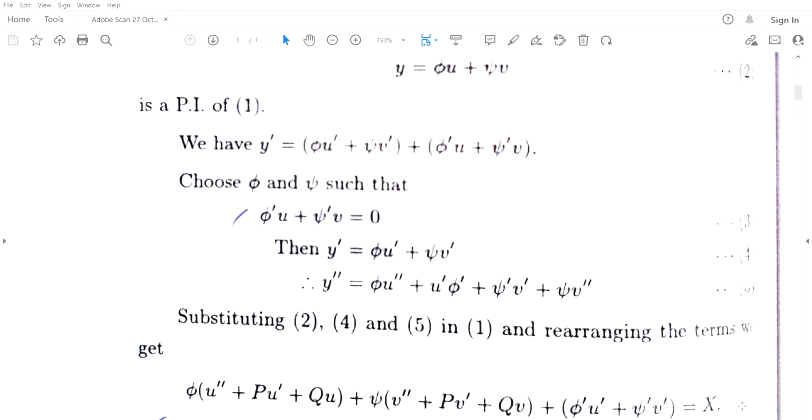If equation 3 is the condition on phi and psi, then y dash must be equal to phi u dash plus psi v dash. From this relation, we calculate y double dash.